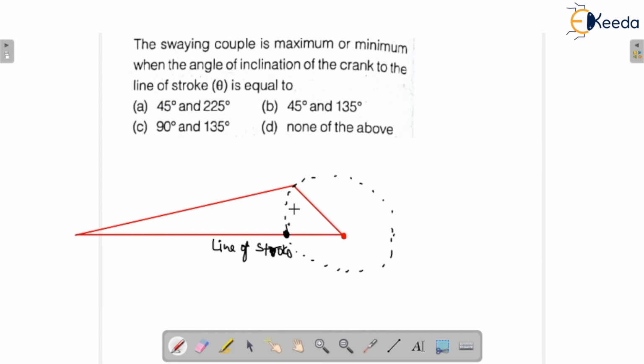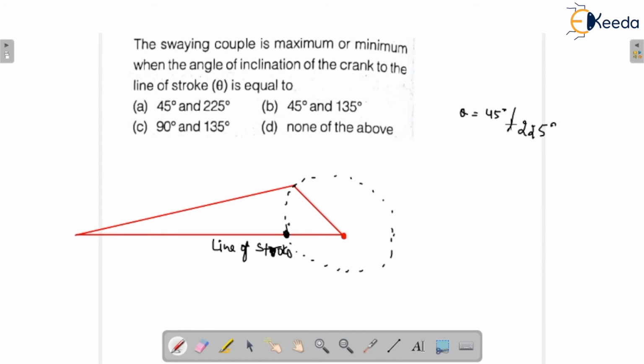We have seen that the sine couple is the effect of partial balancing on two cylinder locomotives. If I ask you what the angle would be, we have already seen that theta would be 45 degrees or 225 degrees. In these two cases, the sine couple is maximum or minimum.